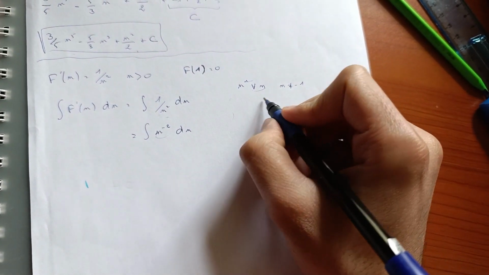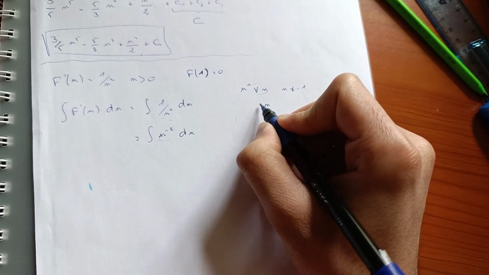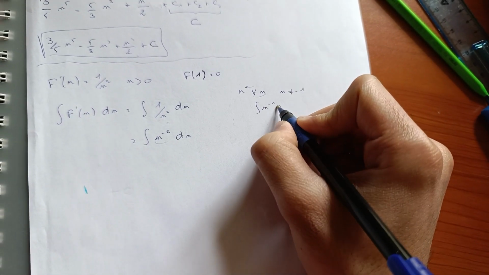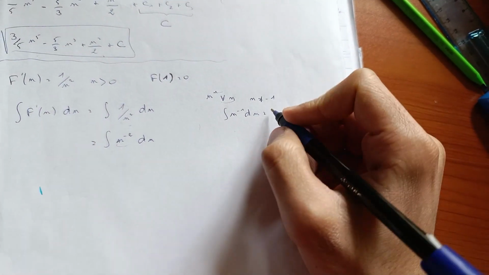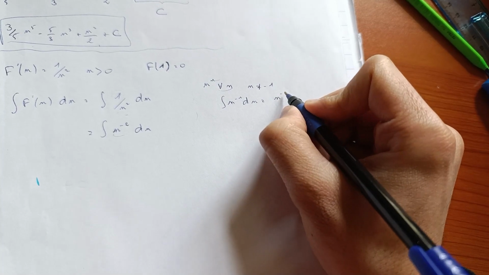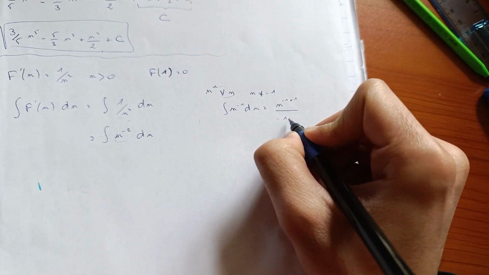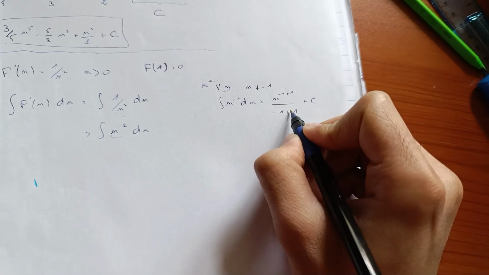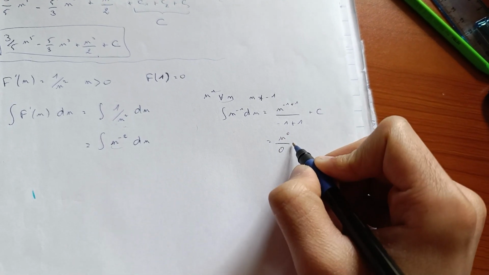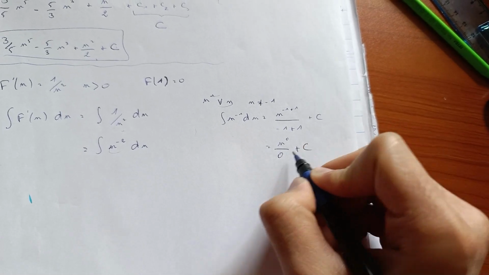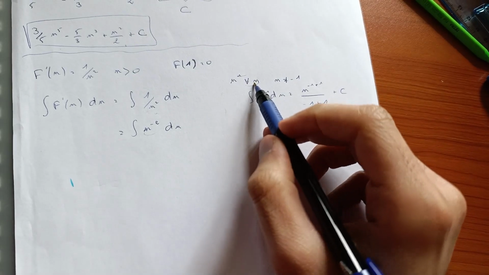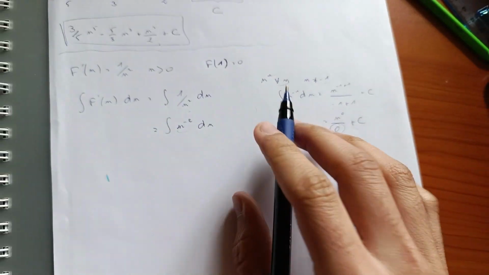Because if we were to integrate x to the minus 1 dx, we'll end up with x to the minus 1 plus 1 over minus 1 plus 1 plus c, and we'll end up with x to the 0 over 0, which is impossible here because we can't have 0 in the denominator. That's why n can be anything except minus 1.